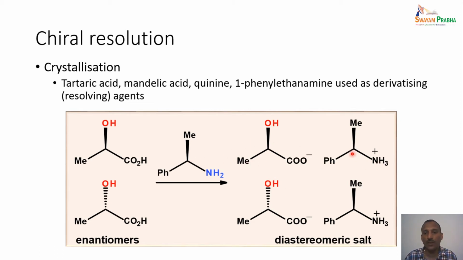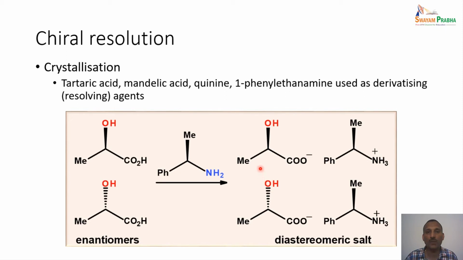A diastereomer has the configuration of one carbon the same and other carbons different. In this case, at the chiral centers, these two have the same configuration, whereas these two have opposite configuration. So these are diastereomeric salts, and since they are diastereomeric salts, they will have different physical properties.